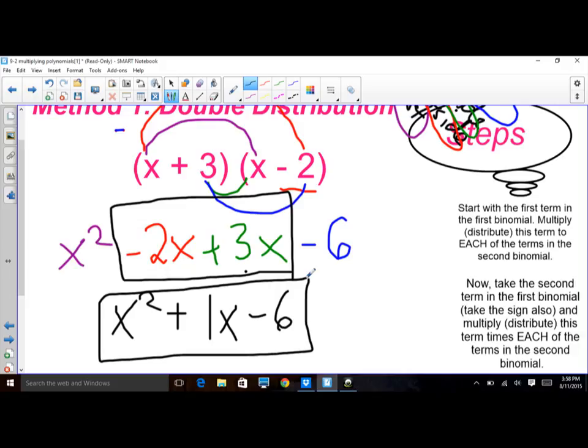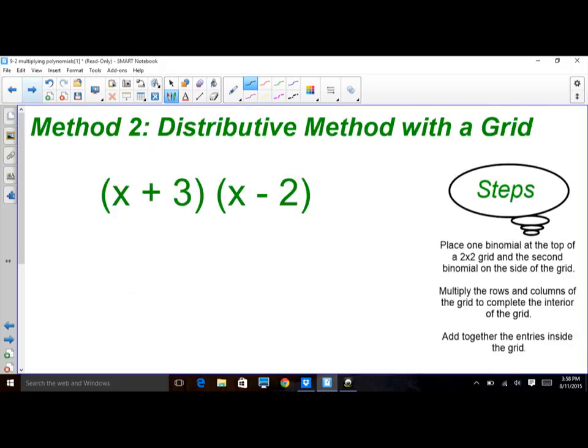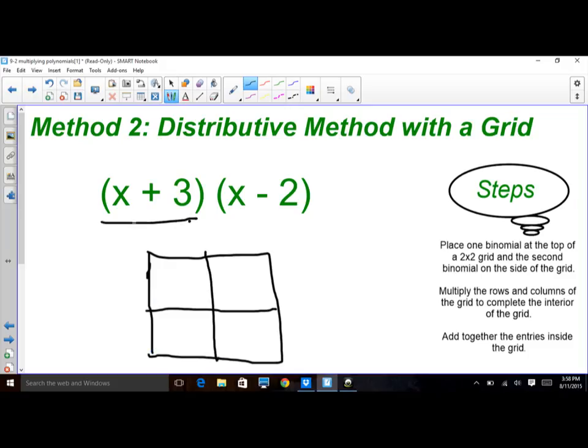Our second method that we could do is what I like to call the grid method or a box method. So here we have the same problem that we just did on the last page. So our answer should be the same if we did this correctly. What you have to do first when you're doing the box method is draw a 2 by 2 grid. The reason why we want a 2 by 2 grid is because we're multiplying a binomial, which has 2 terms, times another binomial that has 2 terms.